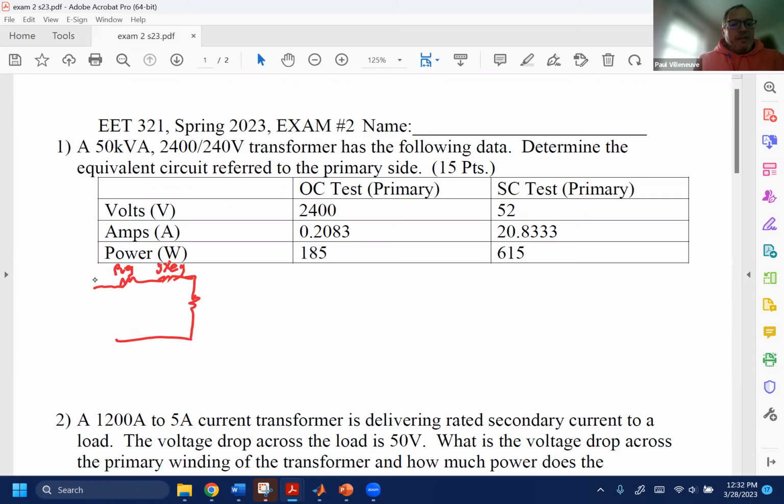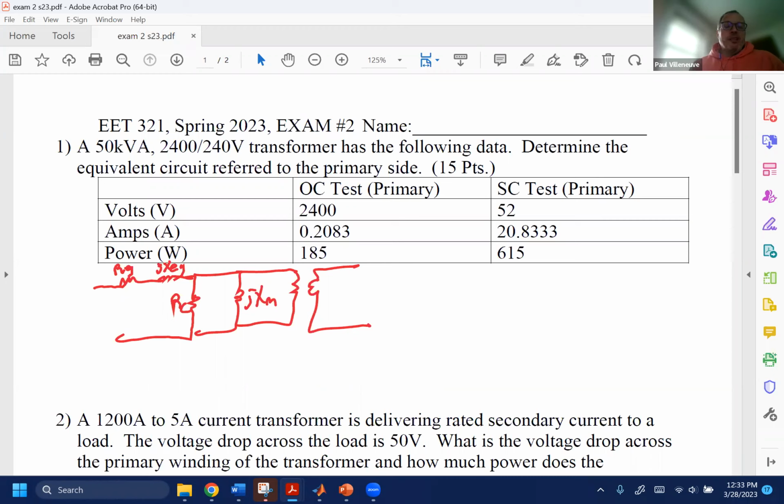Then I have my core, my JXM for magnetizing. And then I have my transformer. And this is the equivalent circuit that I'm trying to solve for.